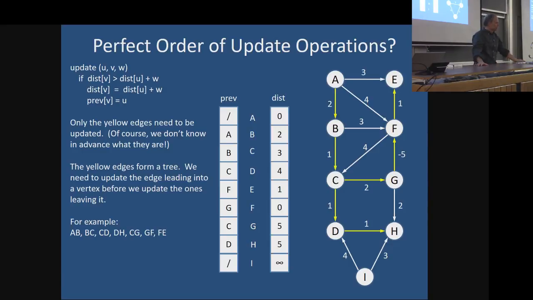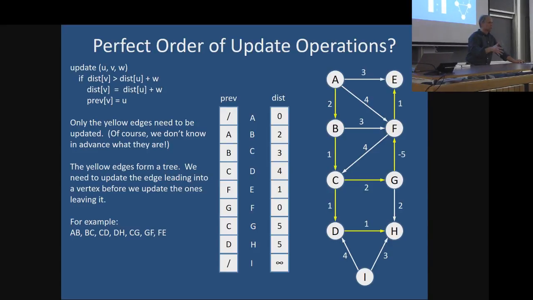Update every edge. Okay? What does that guarantee if we update every edge? It doesn't guarantee the yellow edges were updated in the right order, it guarantees the yellow edges were all updated because all edges are updated. But at a minimum, what do you know?